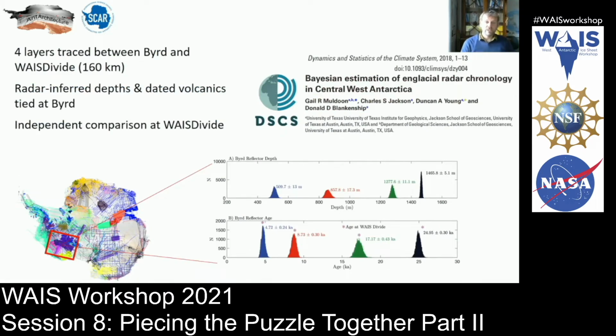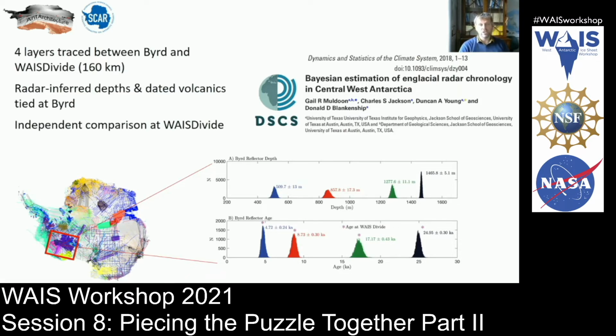One of the key developments that's taken place over the progress of Gail Muldoon's PhD, which finished I think a couple of years ago now, was that Gail and colleagues, including Duncan Young and Don Blankenship at Texas, traced a number of layers widely over the Thwaites Glacier Siple Coast regions. And in particular, they traced 4 layers which they traced also between the ice cores of Byrd and WAIS Divide over a distance of about 160 kilometres.